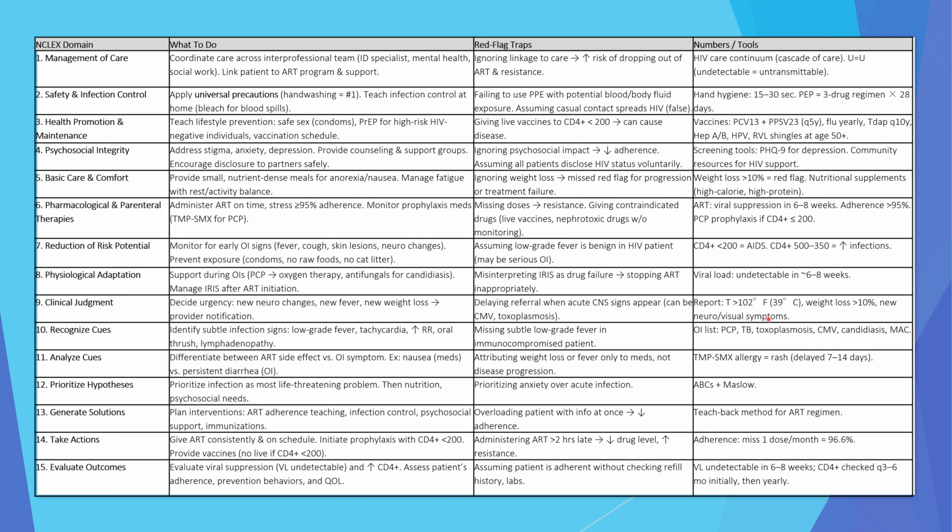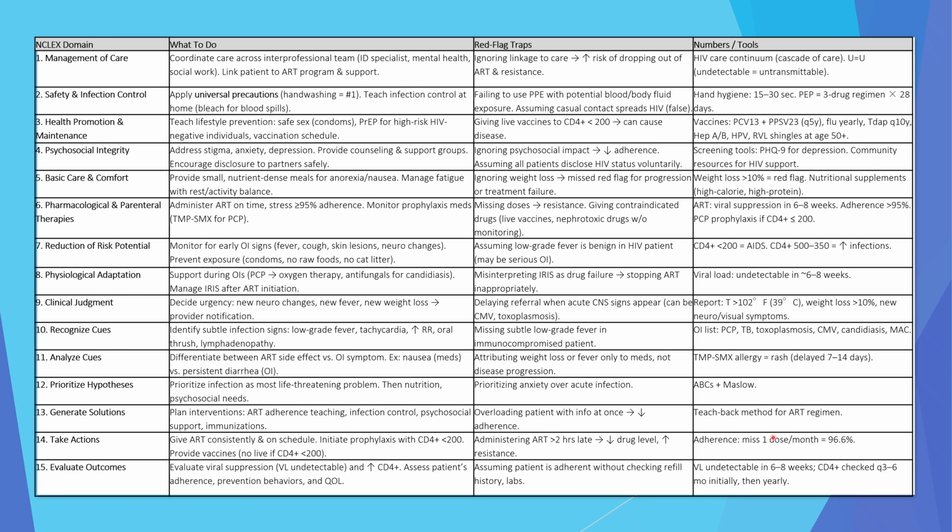Report the temperature, weight loss, new neurological symptoms, but also we know the fungal infection. Evaluate ABC, Maslow. I think that applies with all patients, all causes, but this is more priority. And then the teach-back method for ART.